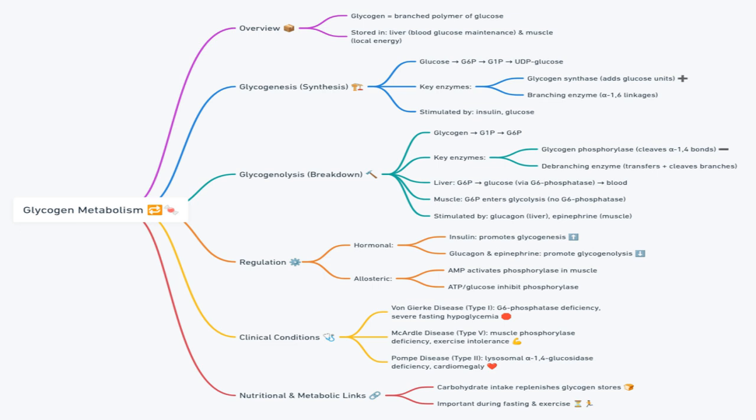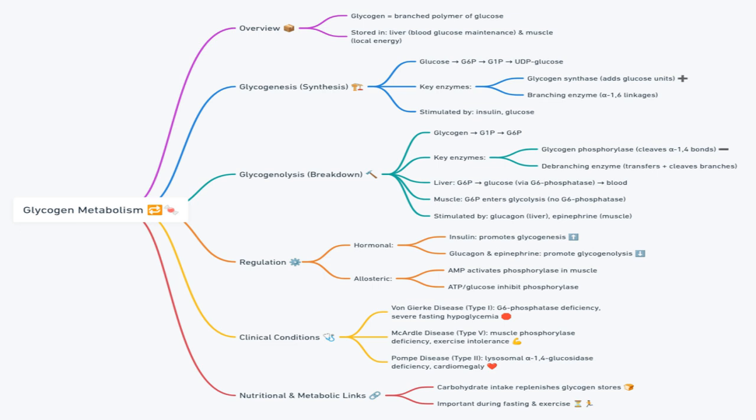Glucagon is a hormone secreted by the alpha cells of the pancreatic islets of Langerhans, and it opposes the action of insulin, activates liver glycogenolysis and also gluconeogenesis. Its release is stimulated by low blood glucose, amino acids, and epinephrine, and is inhibited by high glucose and insulin, and it acts through adenylate cyclase.